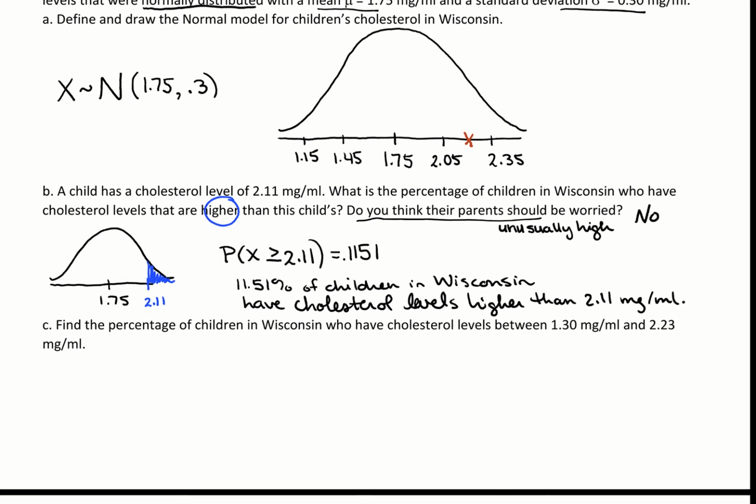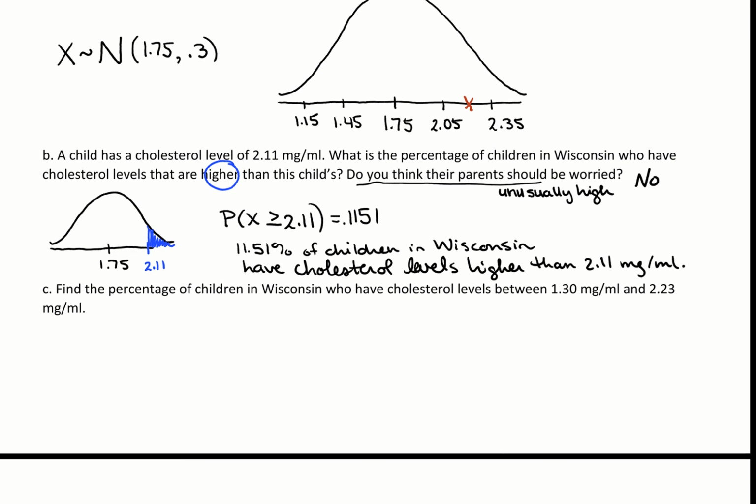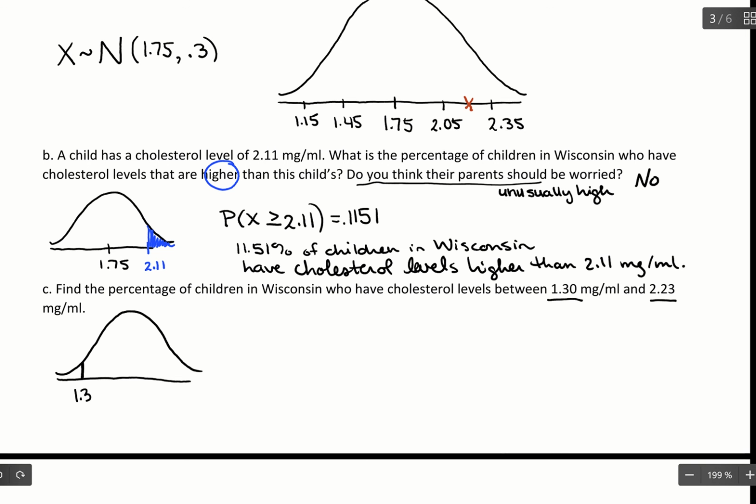For the next one, find the percentage of children in Wisconsin who have cholesterol levels between 1.3 and 2.23. So what we're going to do is go to our bell-shaped curve. I'm just going to draw this picture first so that it double checks what I do in GeoGebra. 1.3 is to the left somewhere, so we're going to have this lower bound of 1.3, upper bound of 2.23, which is somewhere over there, and we want to find this area in between.